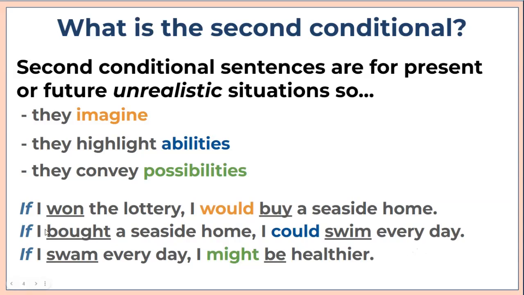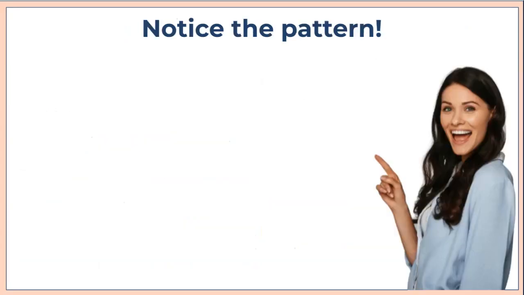And finally, if I swam every day, I might be healthier. Might is showing us that it would be possible to be healthier in this unrealistic situation of winning the lottery, buying a home by the sea, and swimming every day.